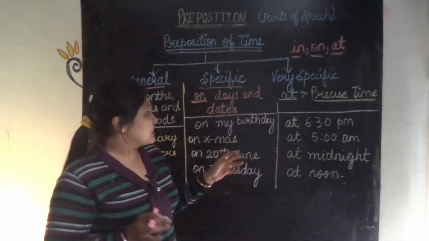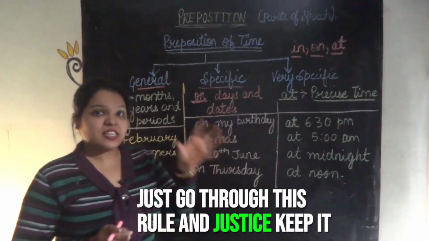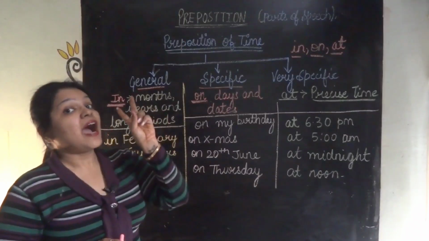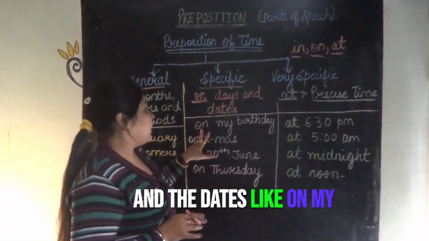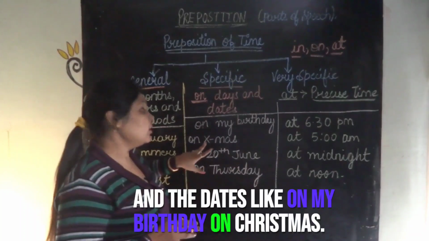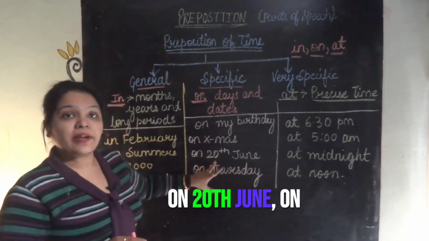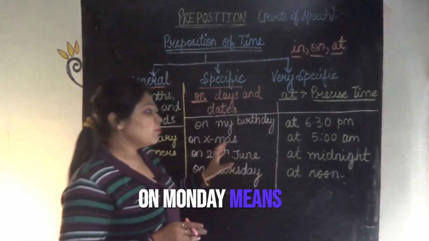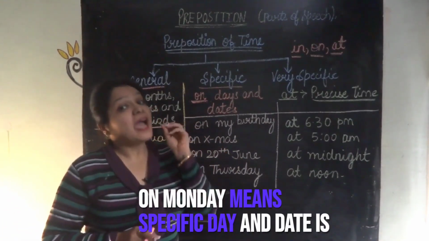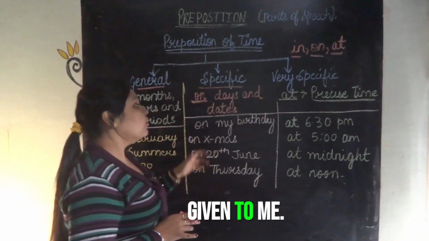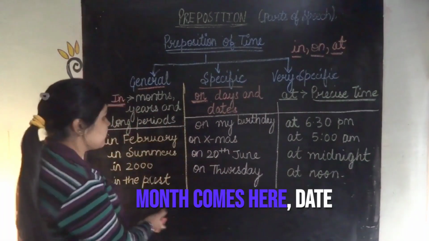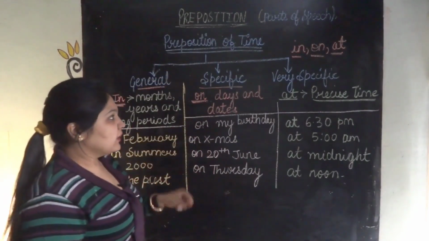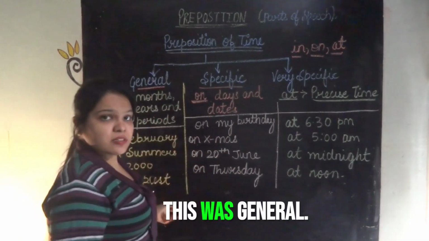Just keep in your mind that we will be using on with the days and the dates. Like on my birthday, on Christmas, on 20th June, on Thursday, on Monday. It means a specific day and date is given. Month comes here, date or day comes here. Got it? So this is specific, this was general.